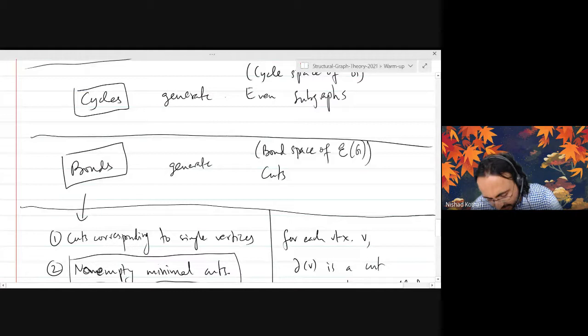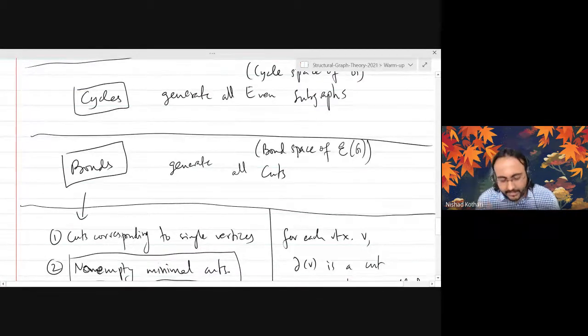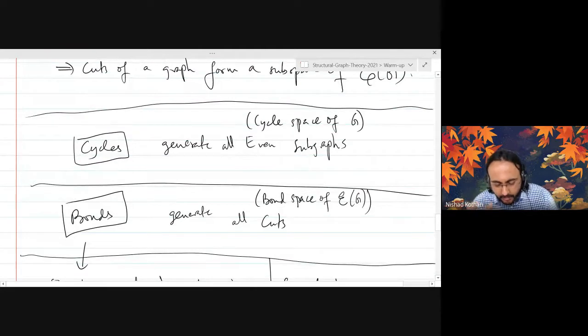Since you're asking this question, in most sources, the bond space is actually called the cut space, and the cycle space is often called the cycle space. But people use terms differently. I'm following Bondy and Murty, and I think they have tried to be consistent. If you're going to call all the even subgraphs the cycle space, then it makes sense to call all the cuts the bond space of the graph, because the bonds generate all the cuts.